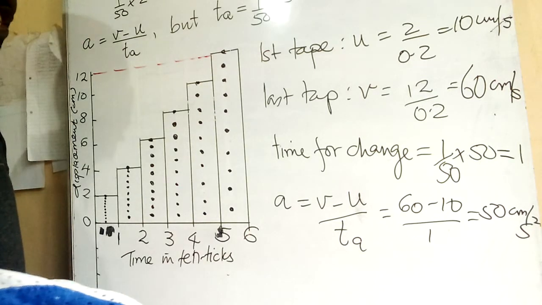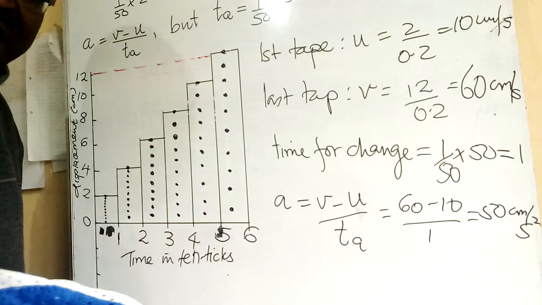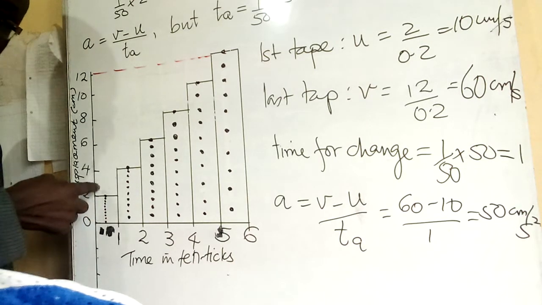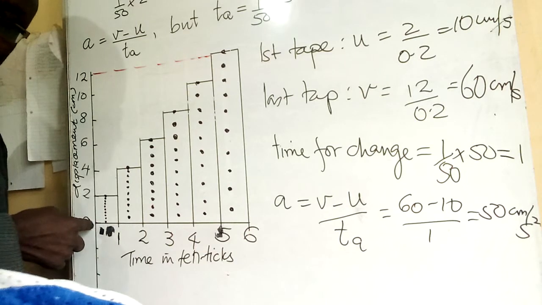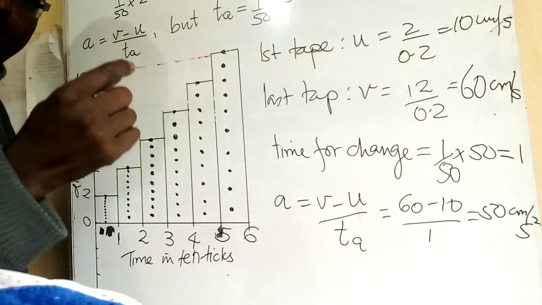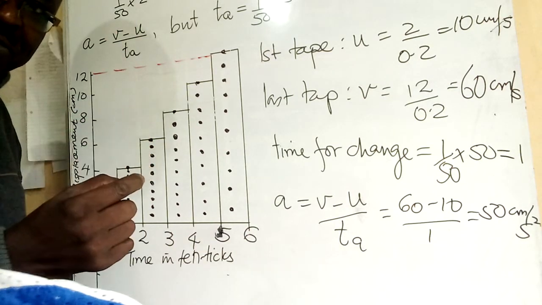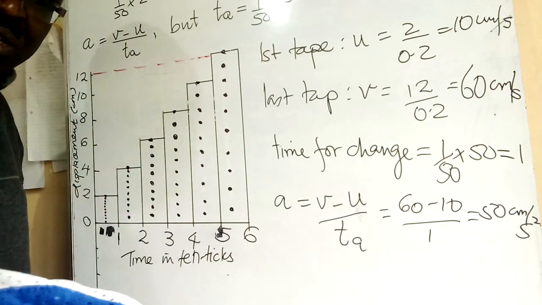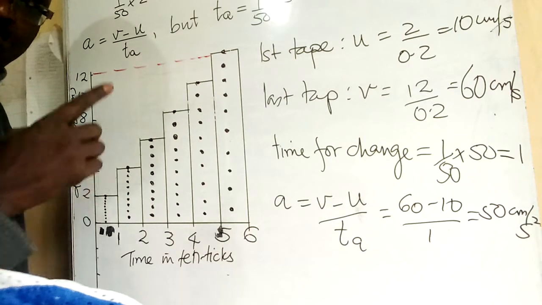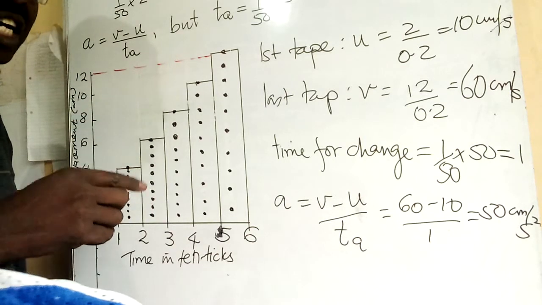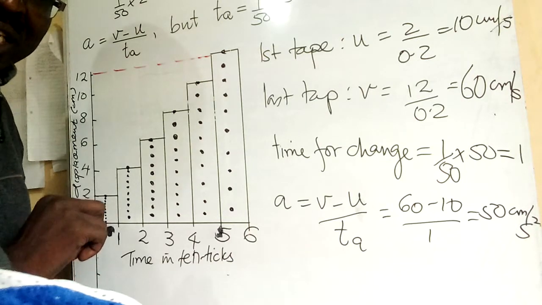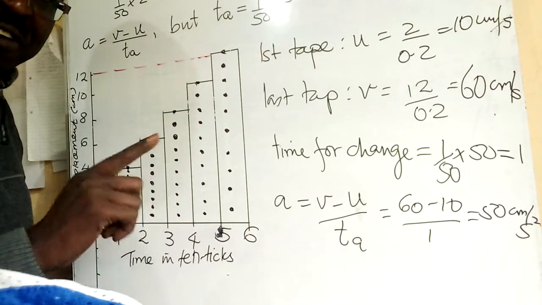The next thing is to know the time. What was the time taken to cover these 10 spaces? You will do 1 over 50, then multiply by the 10 spaces. 1 over 50 times 10 spaces. 10 goes into 50 5 times.